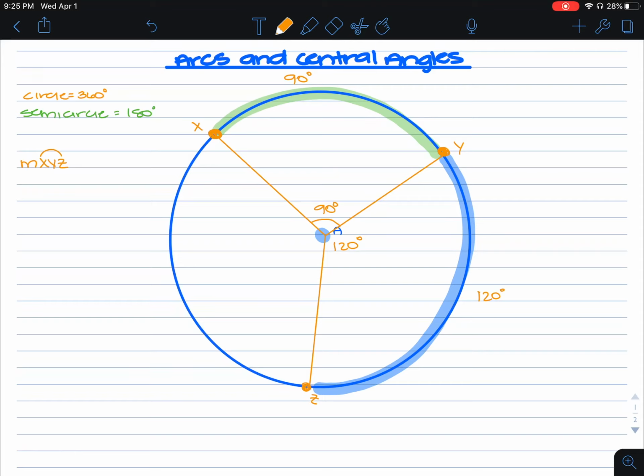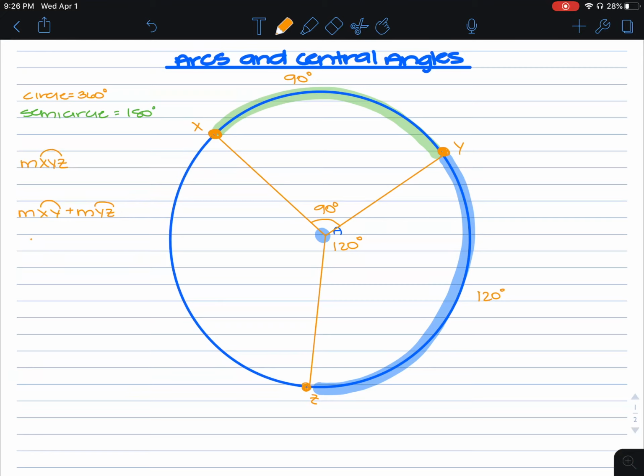Well, in this case, one of my smalls is this green one. Another small is my blue one. And to get the entire big thing, add them together. So what I want is the measure of XY plus the measure of YZ to give me that entire measure that I need. That one there.